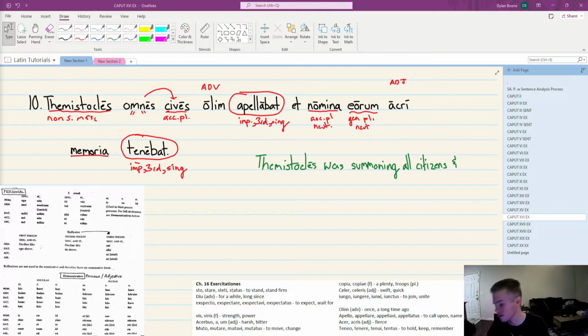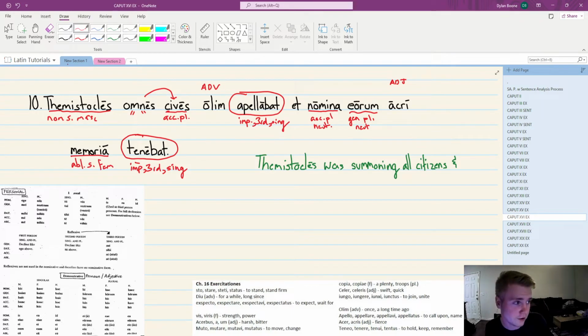Maybe it does have a macron. Let me check on this. Memoria. It does have a macron. Yep. So no, I was right. And what I said, ablative singular, applies. That's what I thought. Okay.